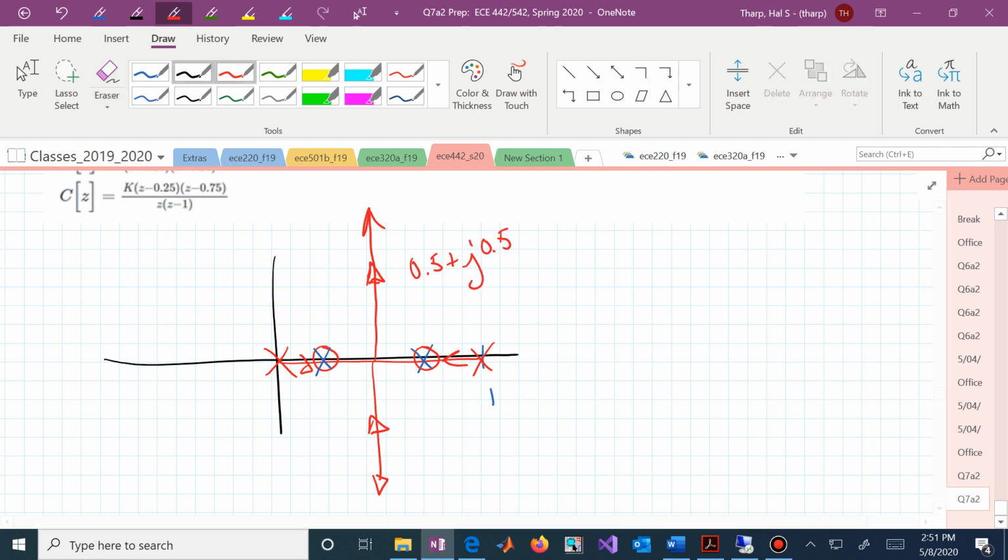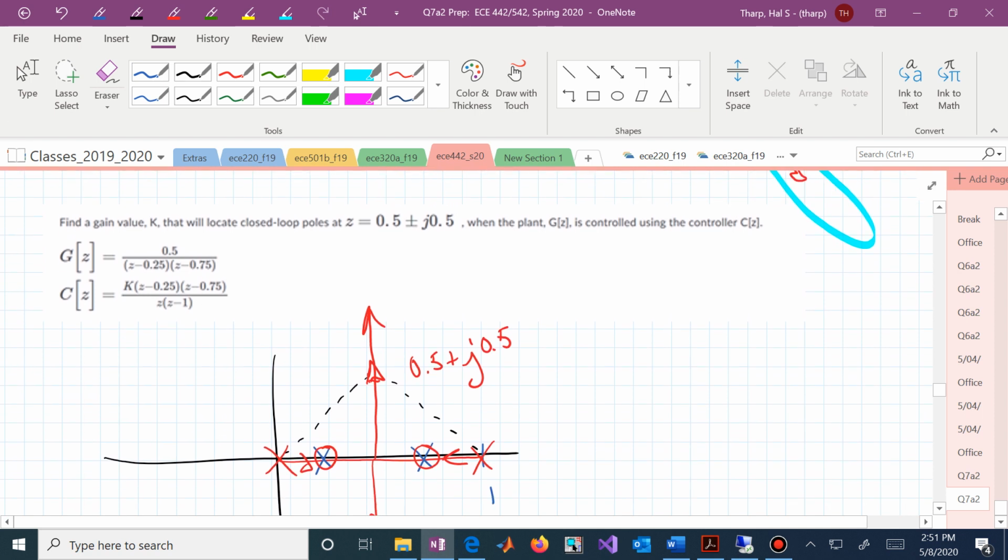We want to calculate the gain to get us to that triangle, which is really going to involve those lengths being multiplied together and divided by any gain value that we might have, and somebody might have forgotten that the plant itself possessed a gain constant other than just 1.